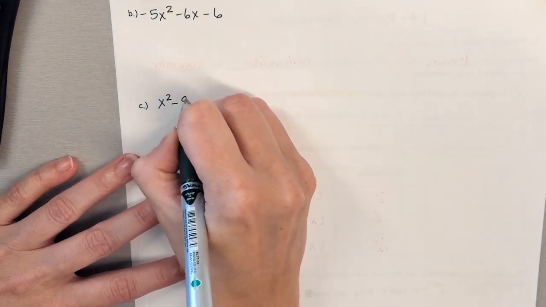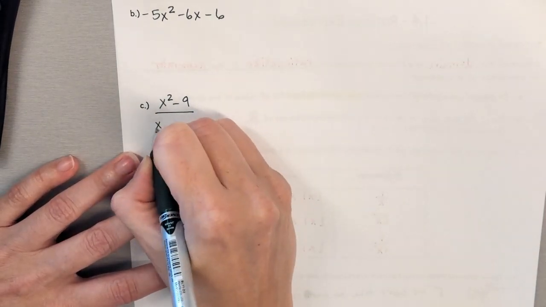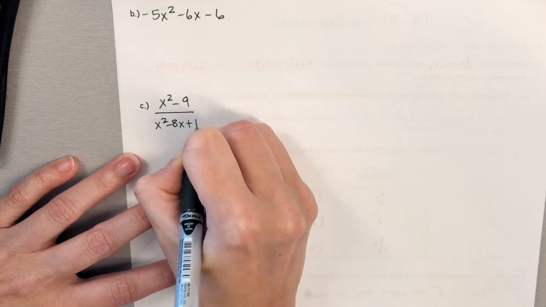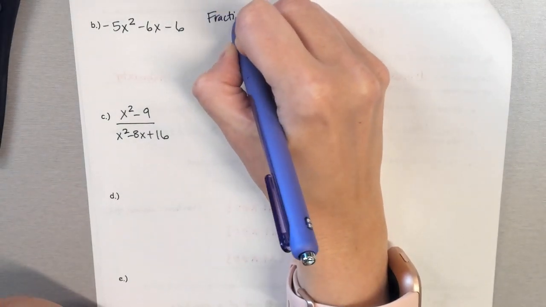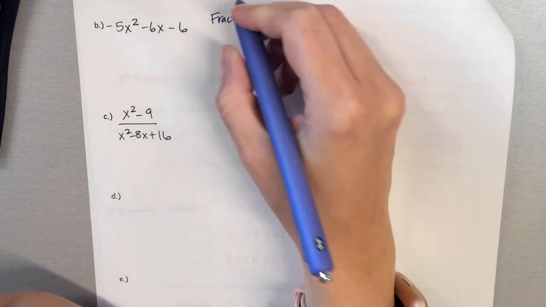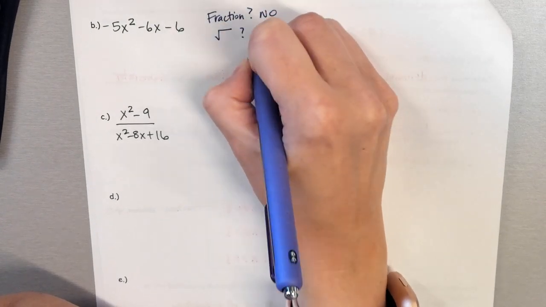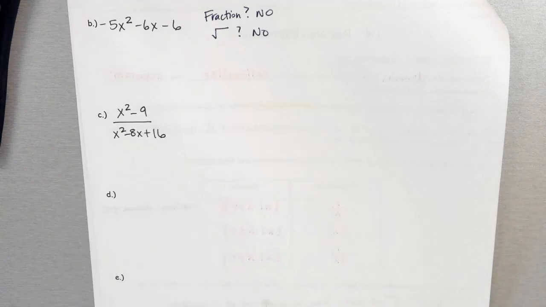I'm going to give you C as well. Is there a fraction? No. Is there an even root? No. So if that doesn't happen, what is your domain?